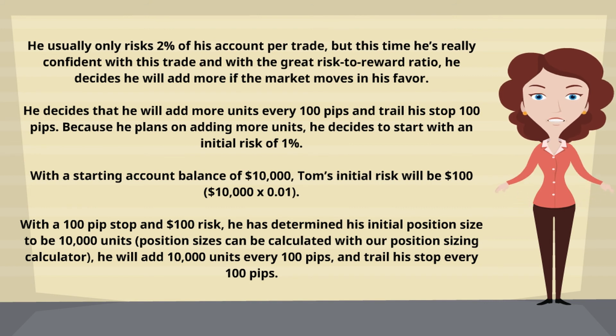With a starting account balance of $10,000, Tom's initial risk will be $100, $10,000 multiplied by 0.01. With a 100 pip stop and $100 risk, he has determined his initial position size to be 10,000 units. Position sizes can be calculated with our position sizing calculator. He will add 10,000 units every 100 pips, and trail his stop every 100 pips.